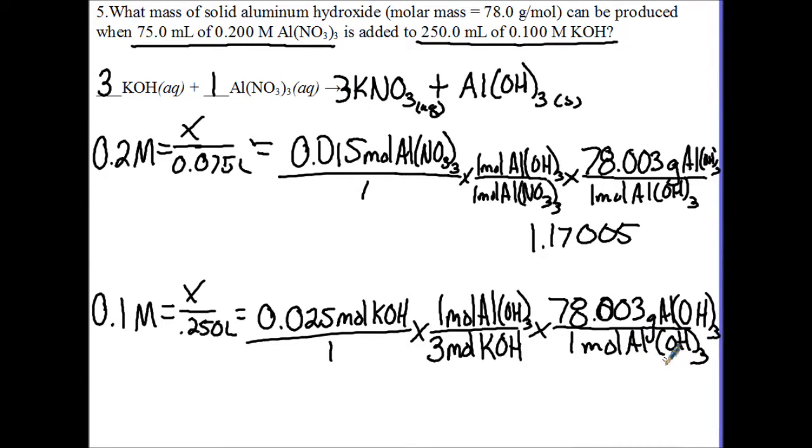Okay. This time all of our bottoms are not 1, so I'm going to multiply the tops, and then I'm going to divide by the bottom, which is going to be 3. That gives us 0.650025. This is obviously the smaller one. 3 sig figs, 4, 3, 3.